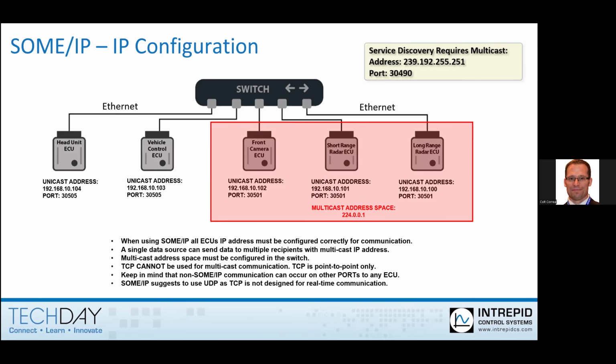That's what the multicast enables. If you're not using multicast for data, then it can be just simple unicast addresses, which most Some/IP communication is, but it's not required to have all unicast addresses. So we can have a multicast address space for communication on Some/IP as well.